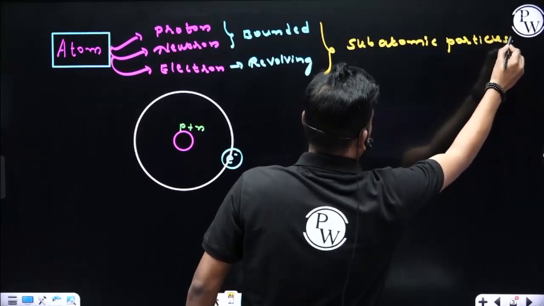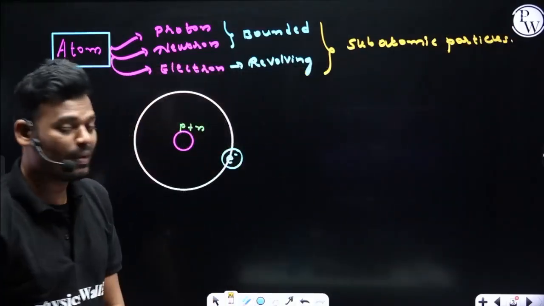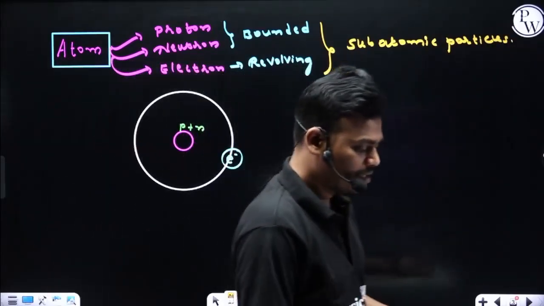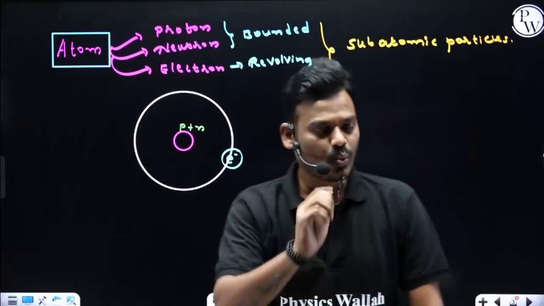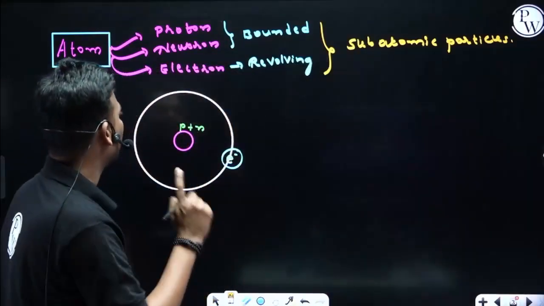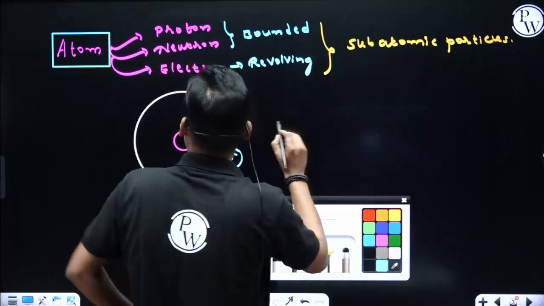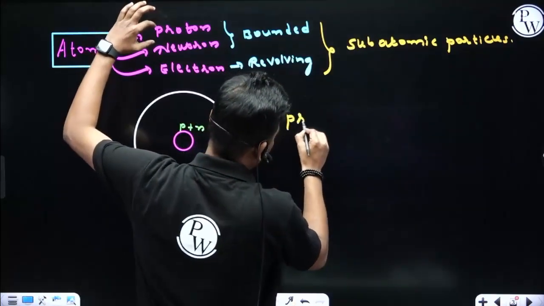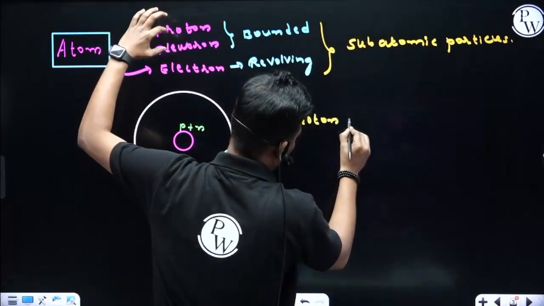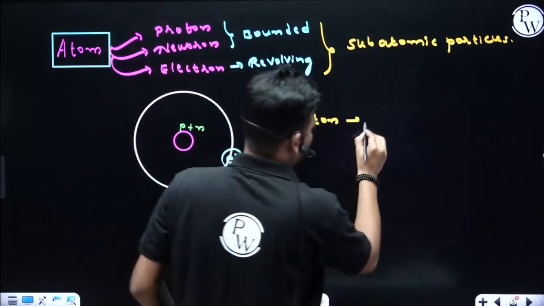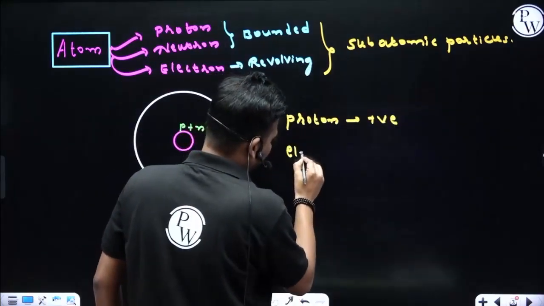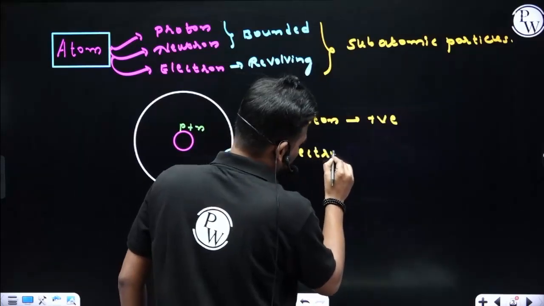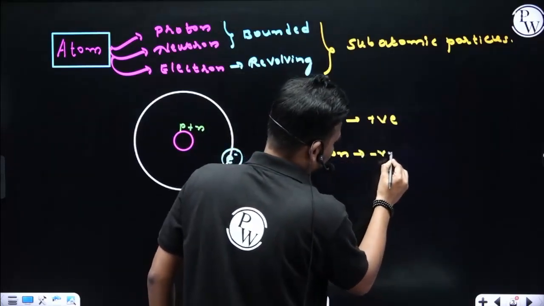In these subatomic particles, you can see the charge on them. When we talk about a proton, neutron, and electron, the proton is positively charged, and the electron is negatively charged.